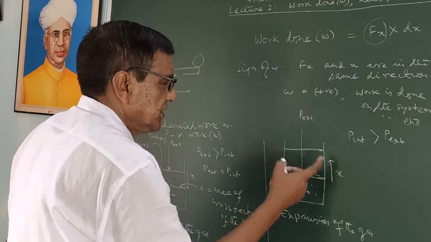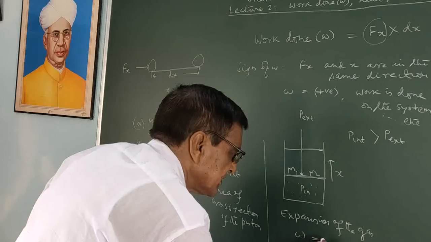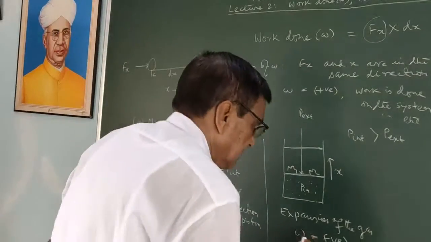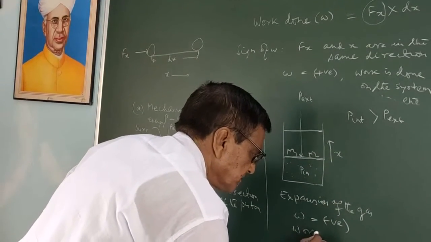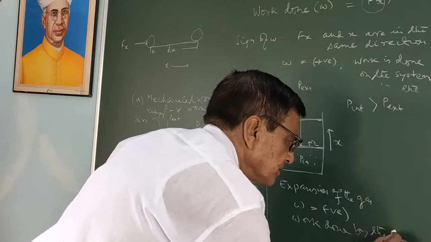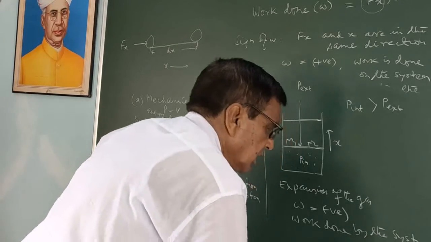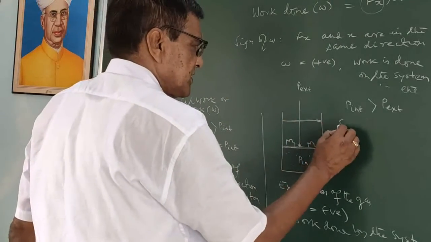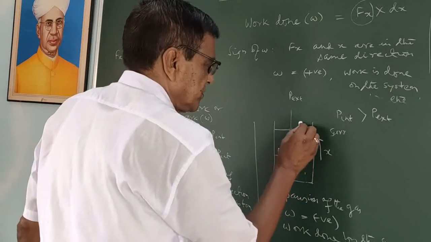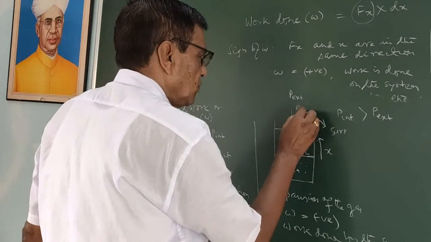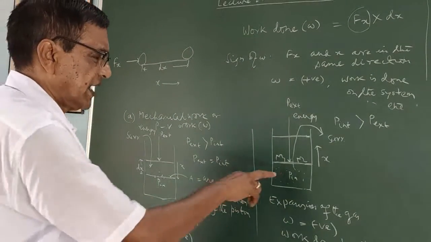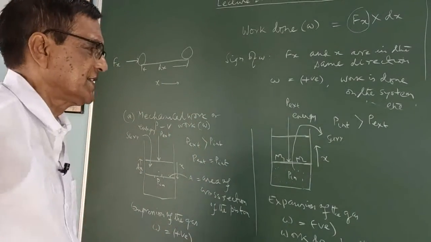Since these two are in different directions, W is negative, meaning work done by the system. And in this case, suppose this is the surrounding. So this energy will move in the form of work from this system to the surroundings, and the energy of this system will decrease.